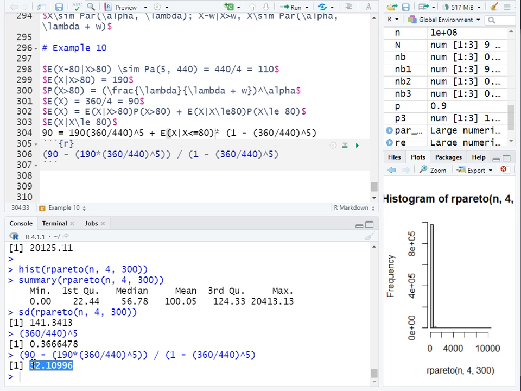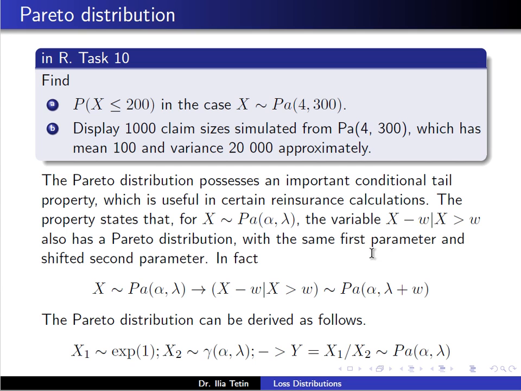This is the final answer. How could we obtain those numbers? We were using these particular formulas. First of all, we applied the formula that lambda should be shifted with parameter w.